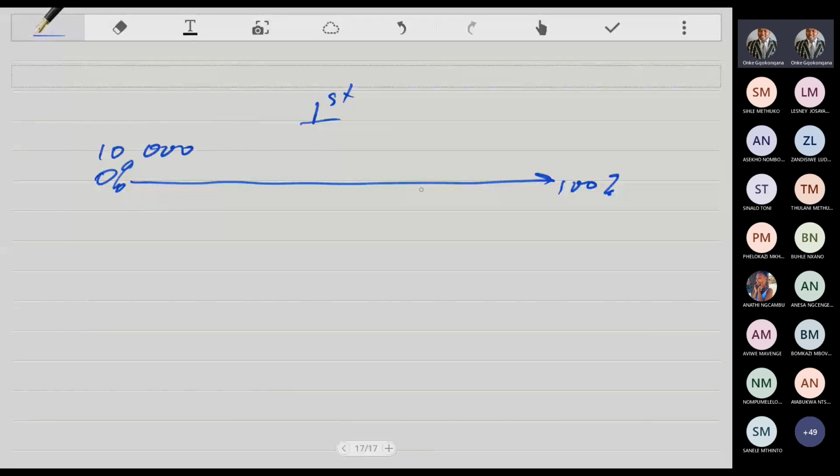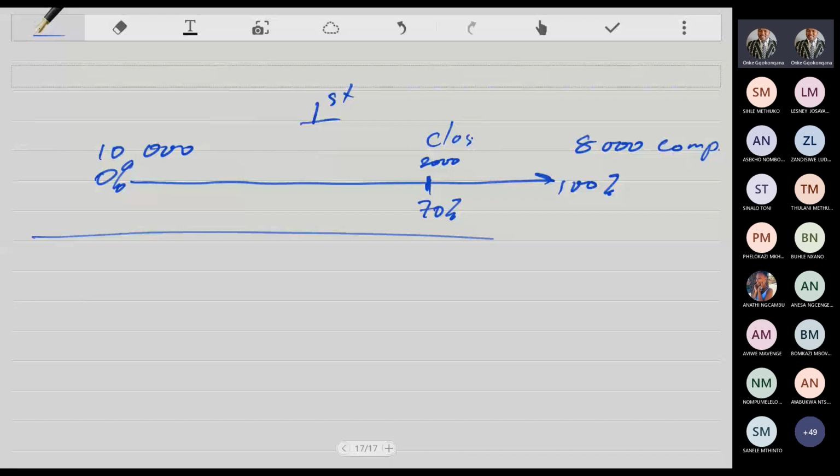As we run our production, with the conversion, we end up with a closing of 70%. At 70%, I will have a total of 2,000 units, so your completed units will be 8,000. That's what we've discussed. This is going to be your closing. We had no problem about that.